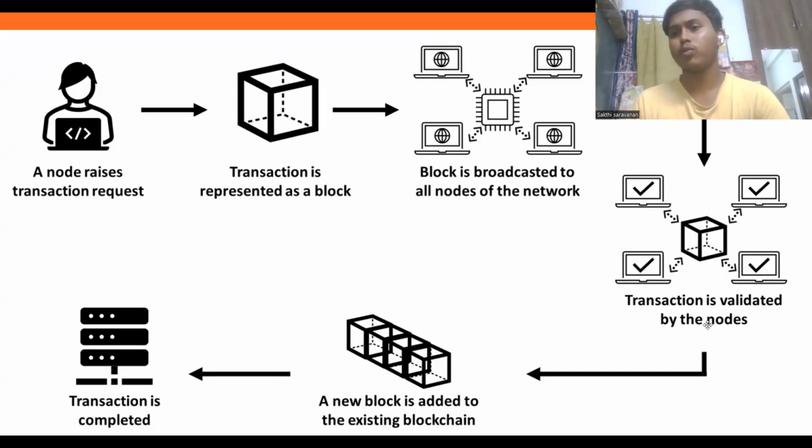There won't be only one transaction; many transactions combined together will be made into a block. This block will be broadcasted to all the nodes of the network. Once broadcasted, the transactions will be validated, and once validated, they will be added to the existing blockchain, which will signify the completion of a transaction.